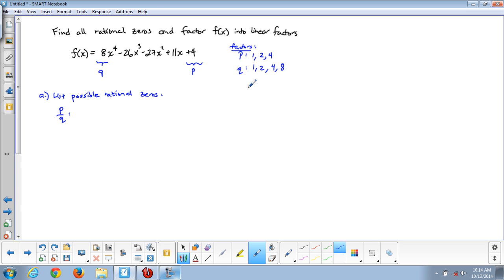So what we want to do is take all of our factors here divided by all of our factors here. So I'm going to start with our factor p is 1 and place that over each of these factors, q. So for p equals 1, I'm going to go ahead and put 1 over that. Again, I'm keeping that p-value constant. Q is the one that's changing.